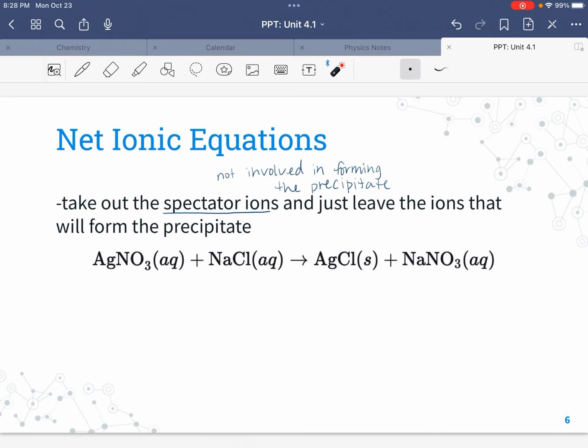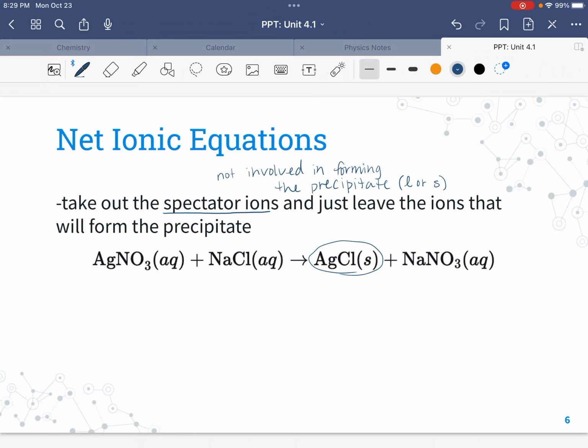So this is our solid, and then we have NaNO3, which is also still aqueous. The thing that we need to focus on is what compound was formed. That is our precipitate. And a precipitate can be a liquid or a solid, so both of those would be considered precipitates for these net ionic equations.